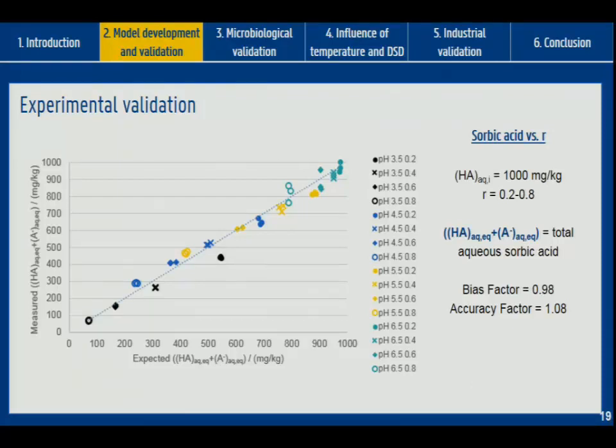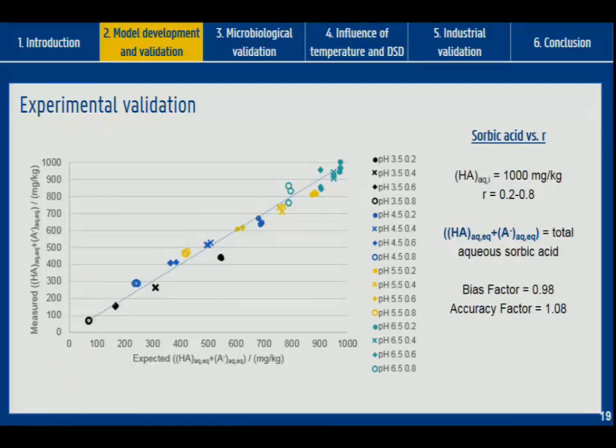The yellow dots are data points at 5.5. And the turquoise points are data points at pH 6.5. You see again that the points fit around the equivalence line. And we can also conclude that sorbic acid distribution can be well explained by the change of mass fraction of lipid phase.